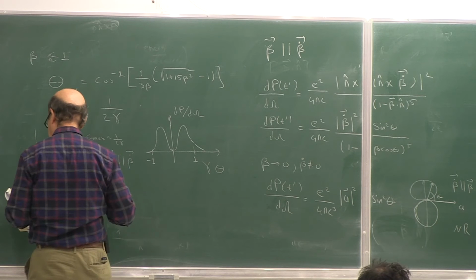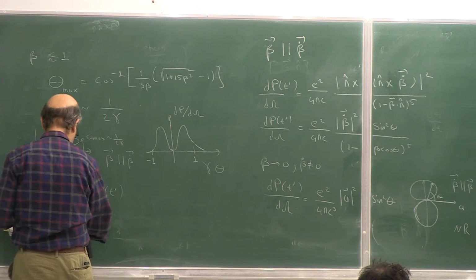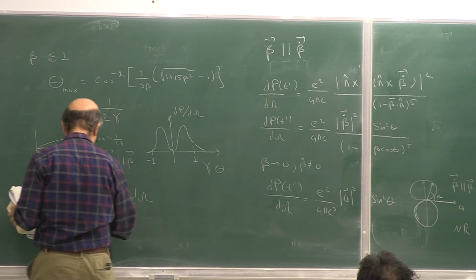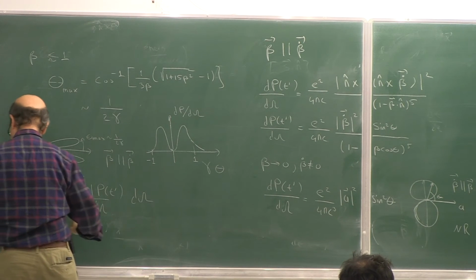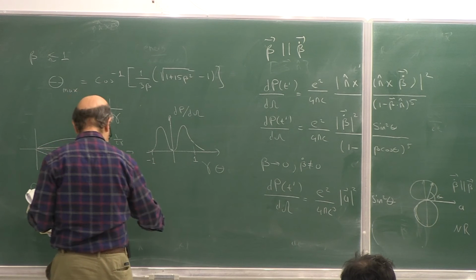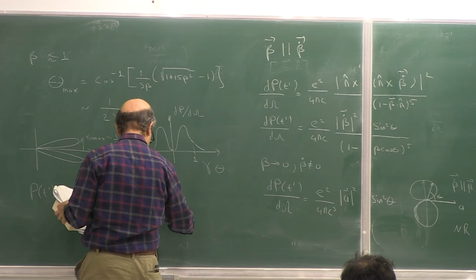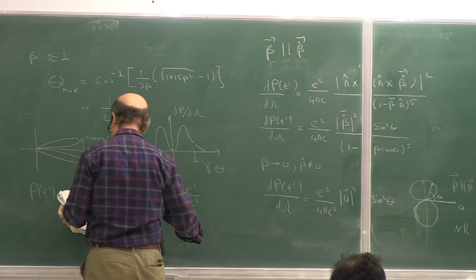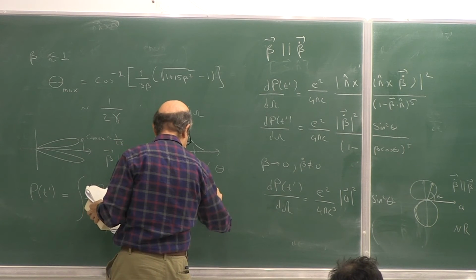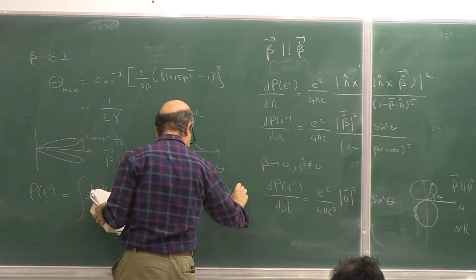If you integrate this over all solid angles and do the algebra, you will find that the total emitted power is 2/3 e square over c cube times the acceleration square times gamma to the 6.